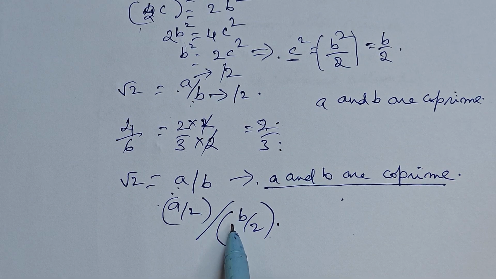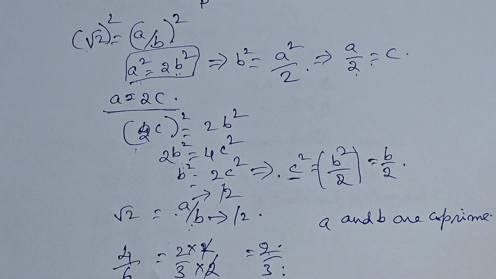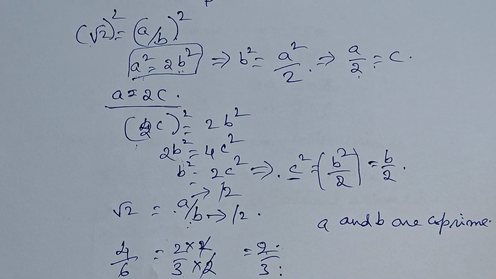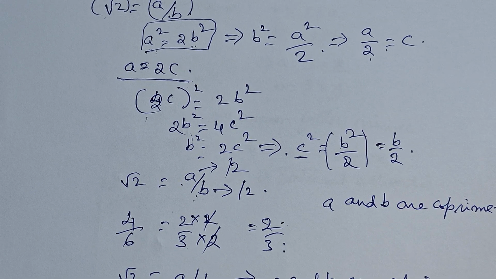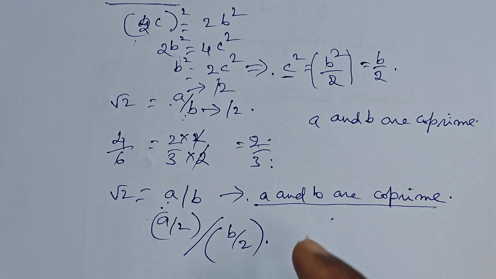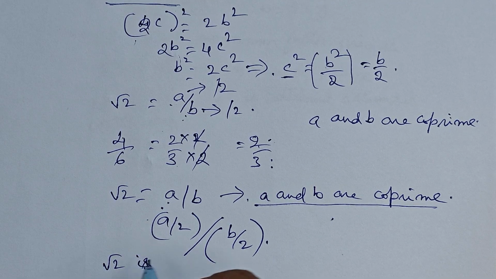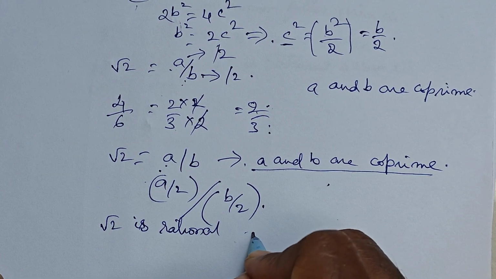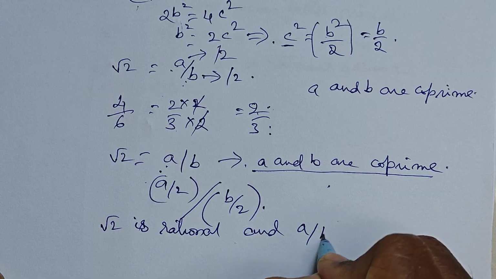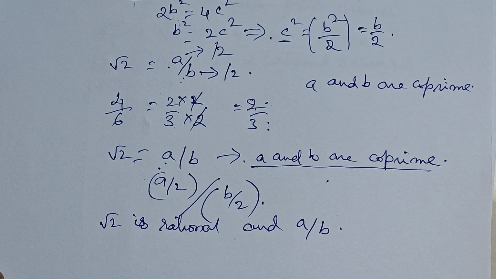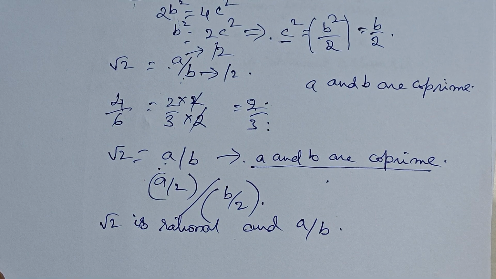But by assuming root 2 can be written as a by b, and doing all this exercise, you are proving that there is a common factor, like a and b both can be divided by 2. So that contradicts that a and b are co-prime. That means your assumption is wrong, because you are assuming root 2 is rational and writing it in a format like a by b, and by doing the squaring you are getting a value which contradicts.